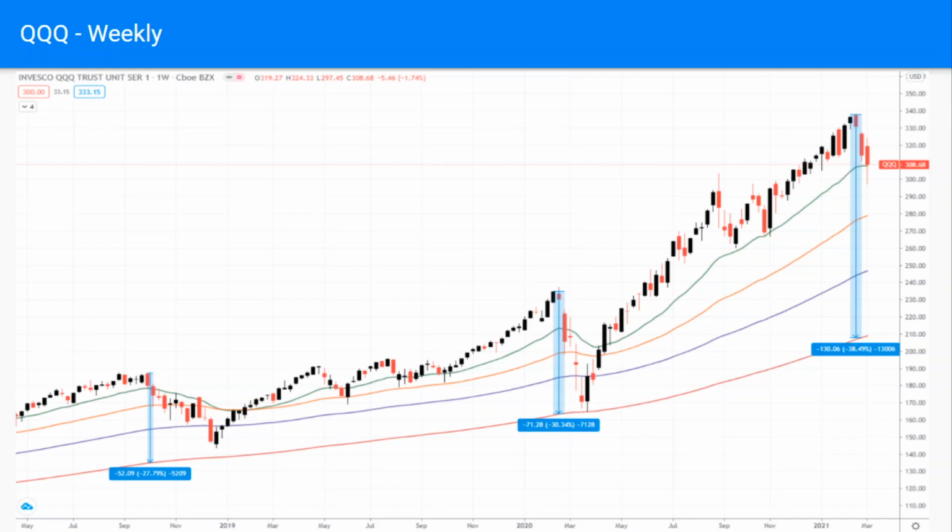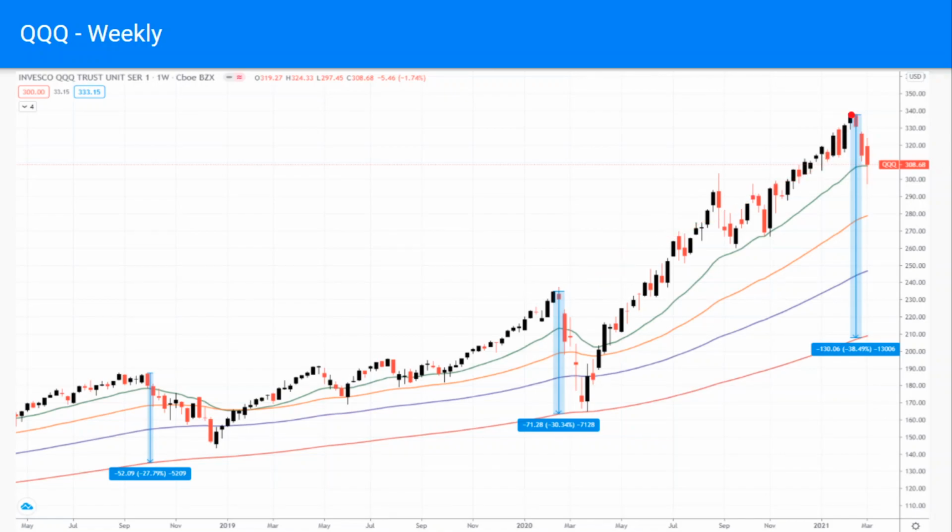Now, looking at QQQ's weekly chart, in 2018 Nasdaq was 27% from its 200-week moving average. In February of 2020, it was close to 30% from its 200-week moving average, and that's where, after the sell-off, it found support in March.